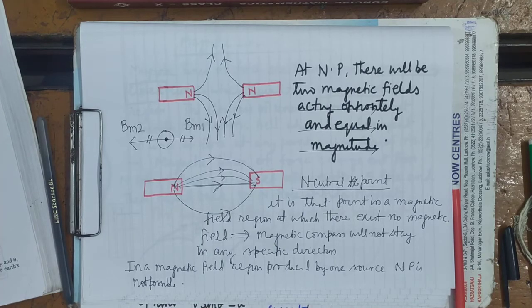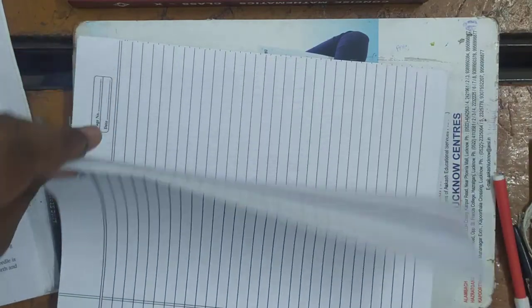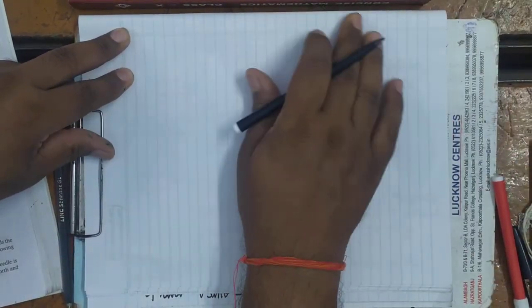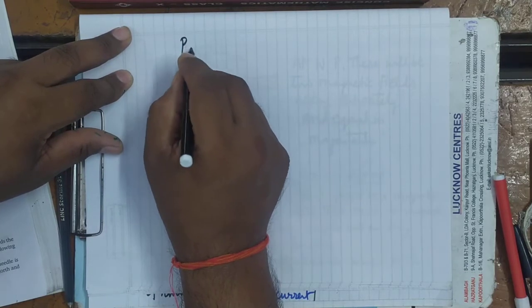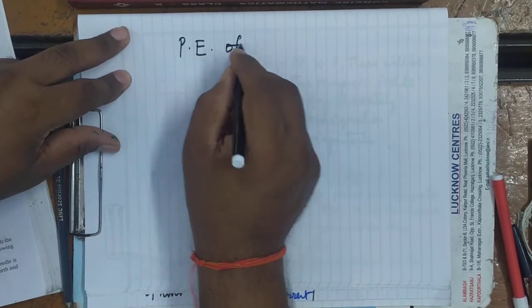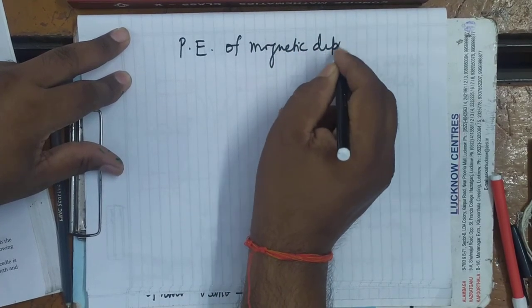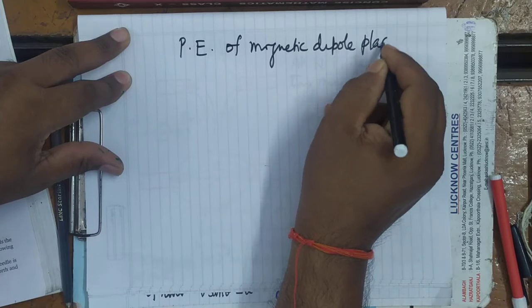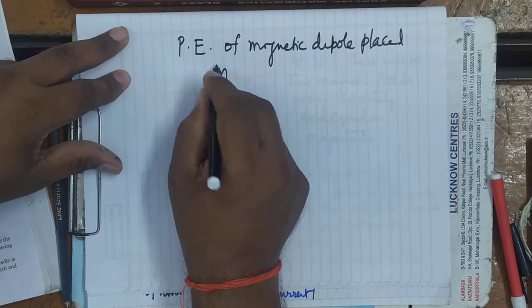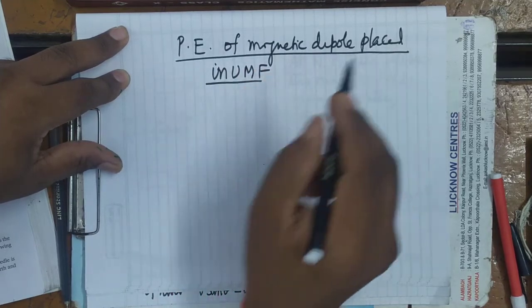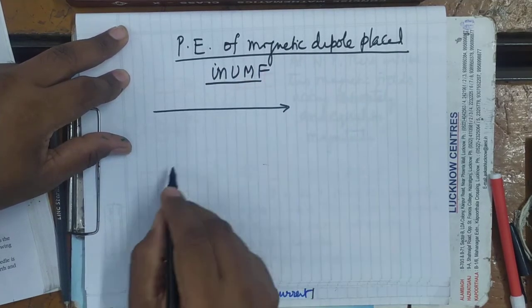So there is one more thing. What is the potential energy of a magnetic dipole placed in a uniform magnetic field? That also I have told. If you want to know in detail about these things, you watch the previous videos.